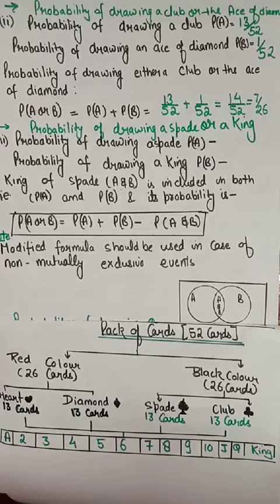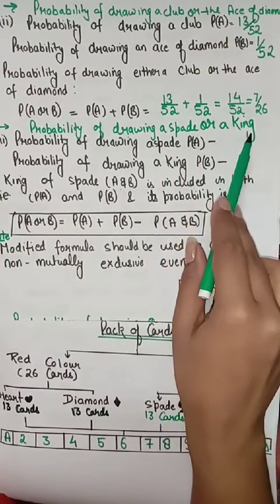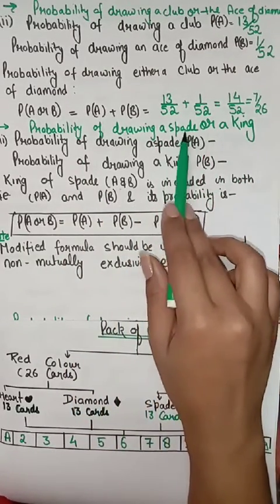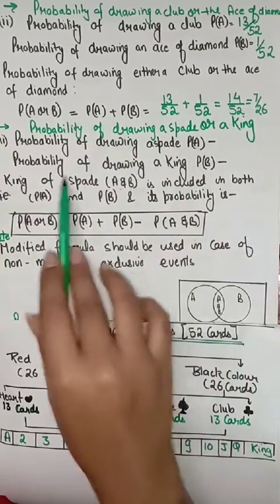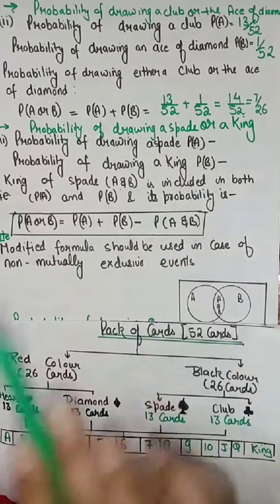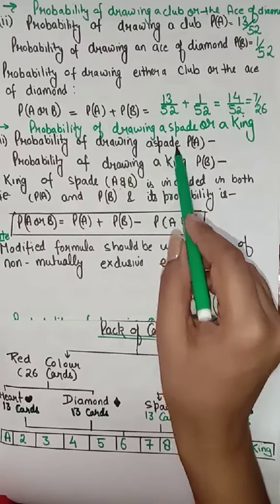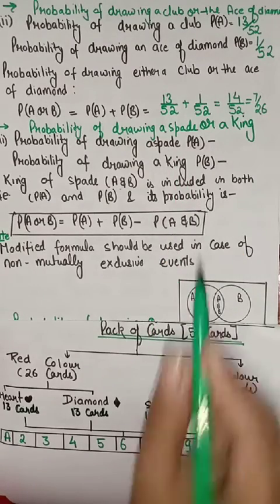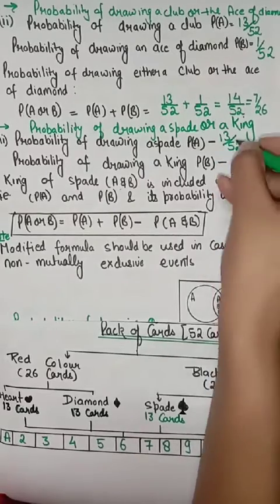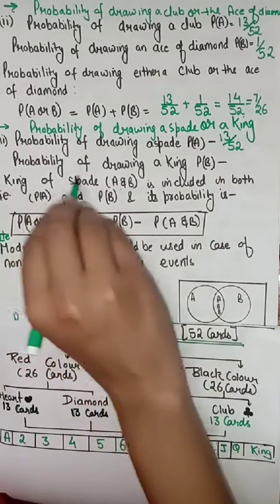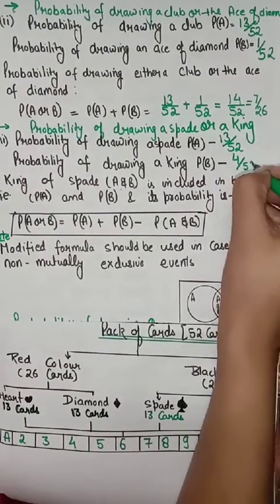The next problem is the probability of drawing a spade or a king. For this we are going to break it into two parts. The probability of drawing a spade is P(A), and the probability of drawing a king is P(B). How many spades do we have? 13 cards as the favorable events, divided by the total number of events. And how many kings do we have? 4 kings upon 52.